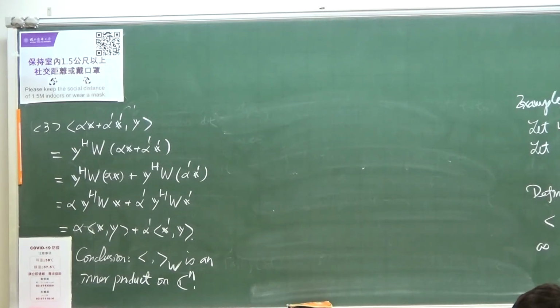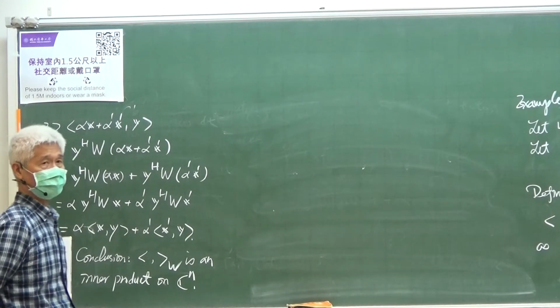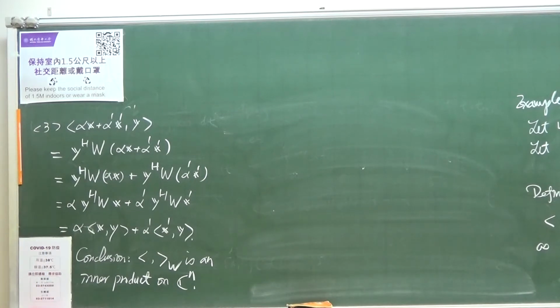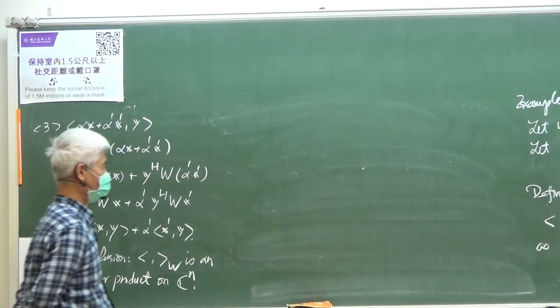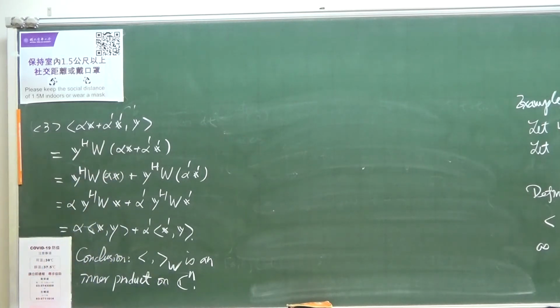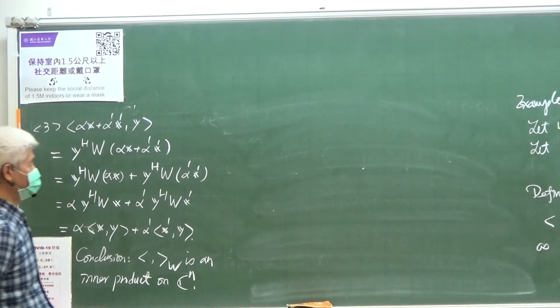For example, if you consider Fourier analysis and want to do the Fourier expansion, then indeed you are considering an inner product on the set of functions which have finite energy.